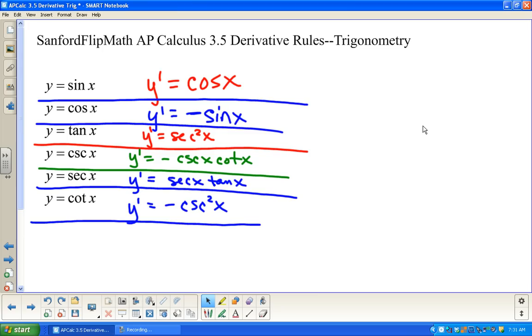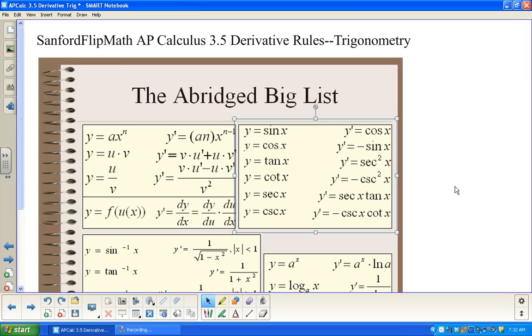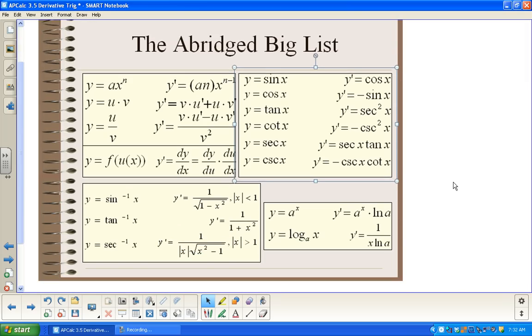Again, that PowerPoint has rules for derivatives that go all the way through the entire list. If you want to see that PowerPoint, it's up on my website. This is a screenshot of the last page of the PowerPoint. At this point, we have discussed all of these.